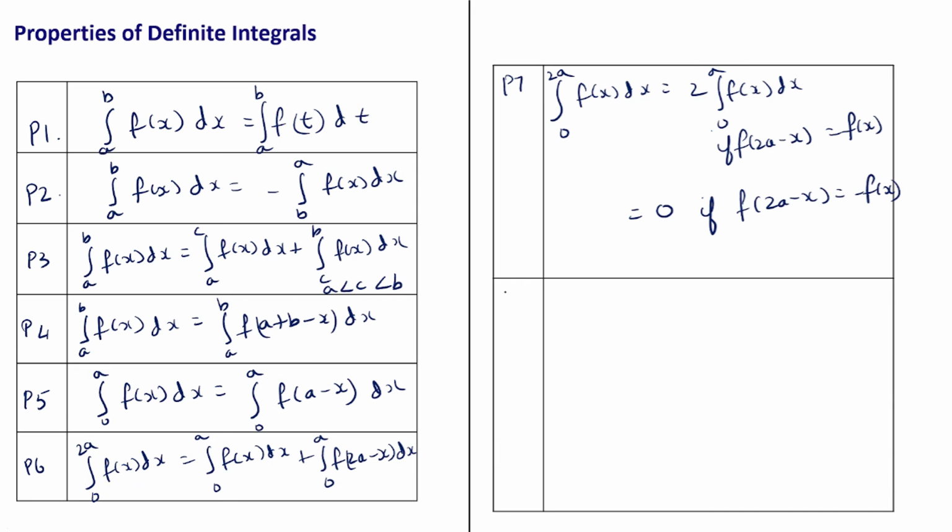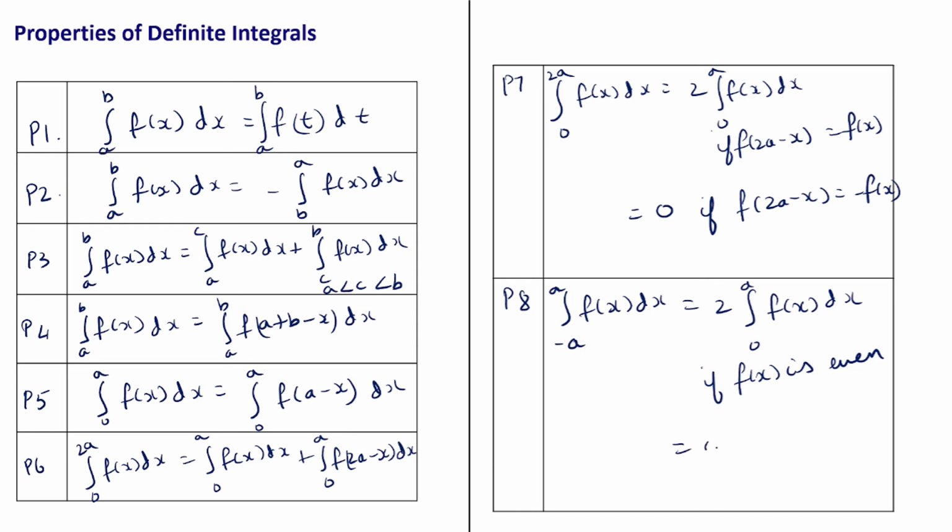And then we have the last property. The last property is integral minus a to a f of x dx. It is equal to 2 times integral 0 to a f of x dx if f of x is even, and it is equal to 0 if f of x is odd.